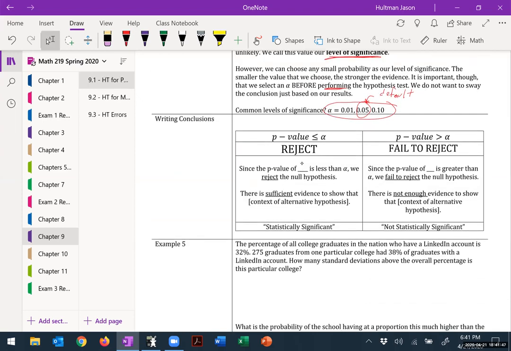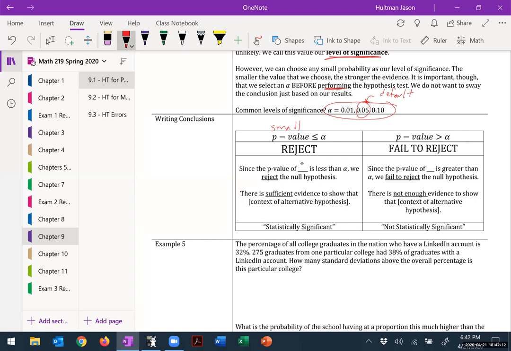Okay, writing conclusions. If we're going to reject, say that the p-value is less than alpha. We get a very small p-value. Since the p-value of blank is less than alpha, we reject the null hypothesis.